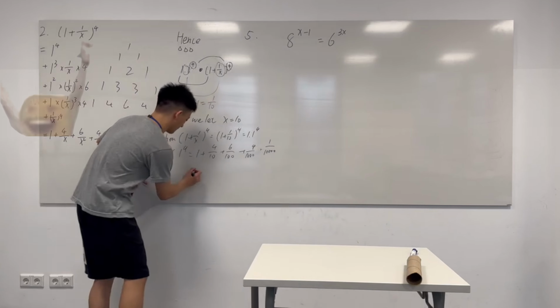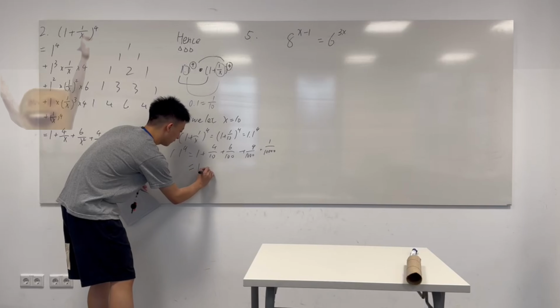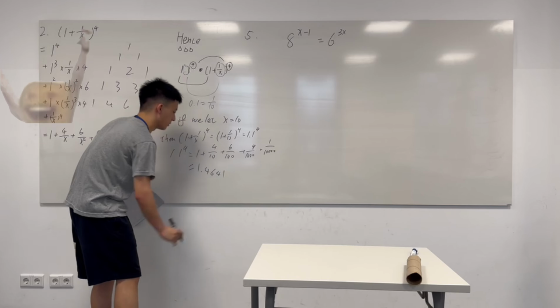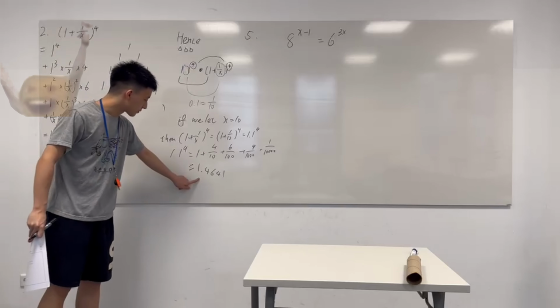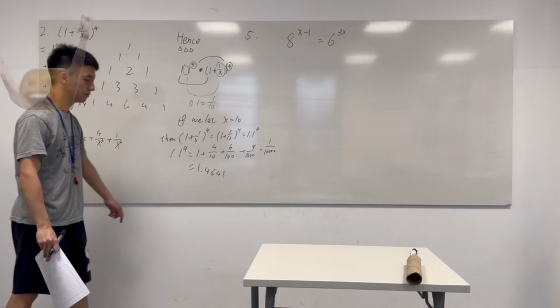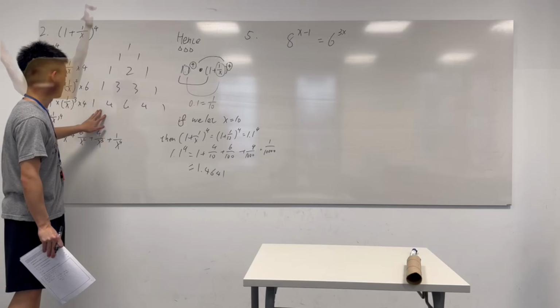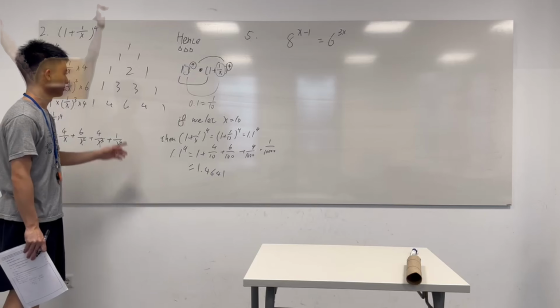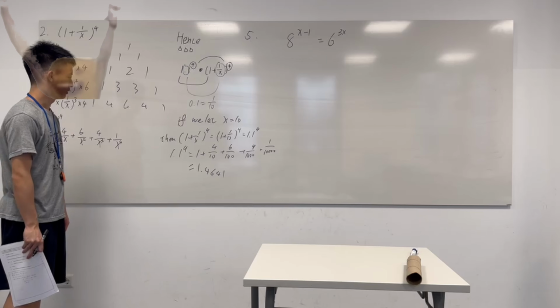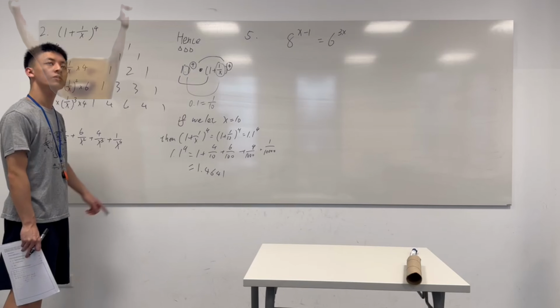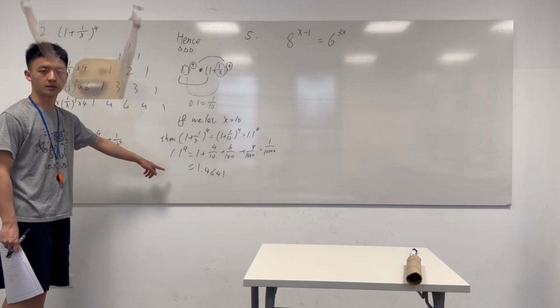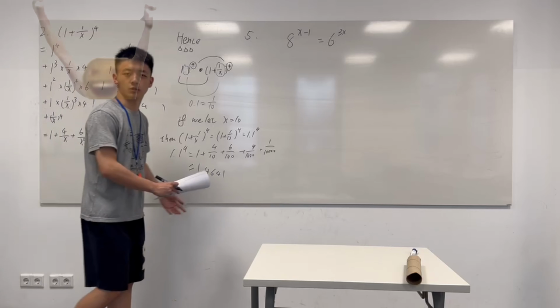Then we can get 1.4641. It's really interesting, right? 14641. It's the same as the coefficients of the binomial expansion when n equals 4. So interesting, right? I will explain something about 11 later, something like 1.1, because it's also really interesting.